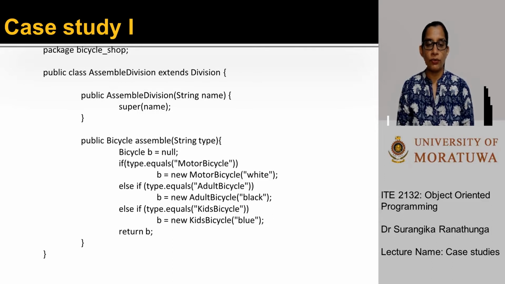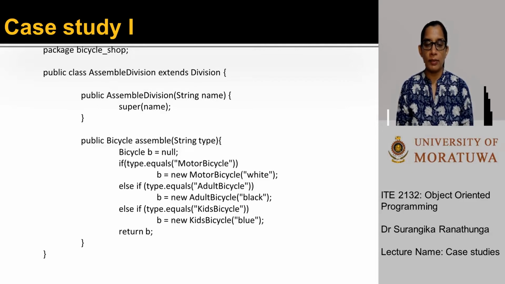And see the use of polymorphism here. There are two use cases here. First, the return type of this assemble method is the bicycle superclass. But when executed, what does it actually return? An object of either motorbike, adult bike, or kids bike. And again, in the second instance, we have a bicycle b variable.